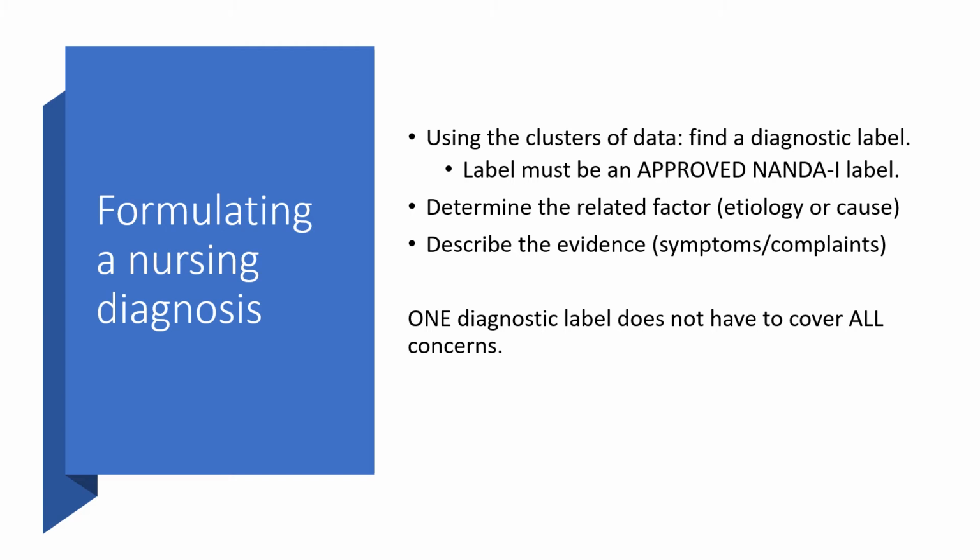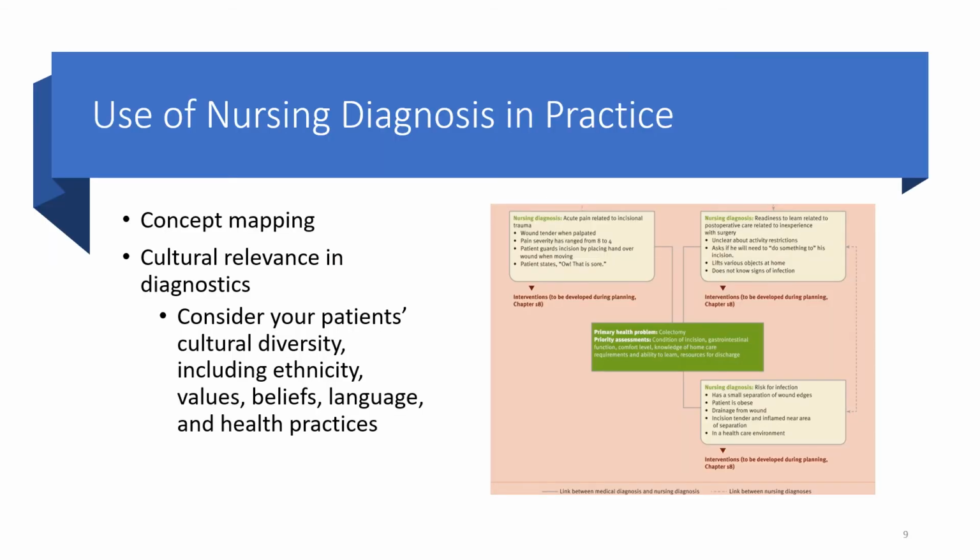One diagnostic label does not have to cover all the areas of concern. In fact, many patients will have several plans of care based on their presenting symptoms or the areas of concern. So in practice, a lot of times you'll see concept mapping.